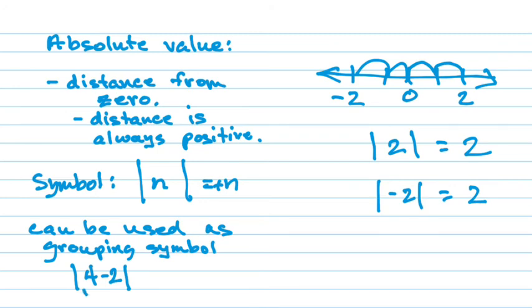We need to do the math inside before we take the absolute value of the number. So that's the absolute value of 2, which is simply 2. Right? So if you have anything to simplify inside the absolute value symbols, you have to do that first. Okay? You could see a number in front of absolute value.